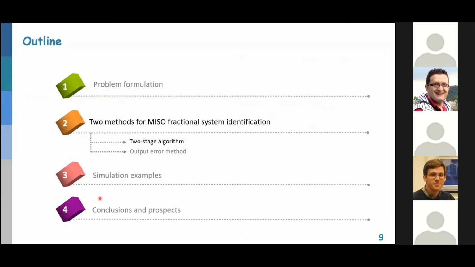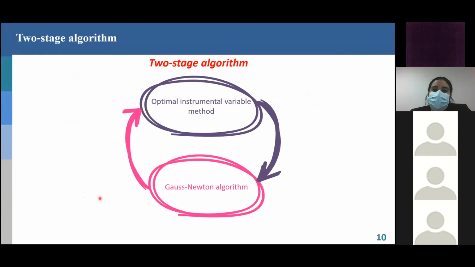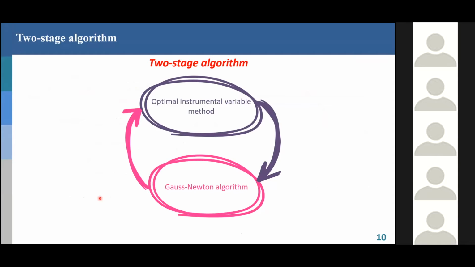Here, I'm going to present the two methods of MISO fractional system identification. We're going to start with the two-stage algorithm. We can see here that the two-stage algorithm is basically two stages. First is the optimal simplified instrumental variable method for coefficient estimation, which we combine with the Gauss-Newton algorithm to estimate the differential orders.